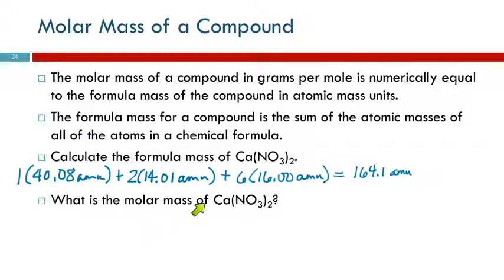What's the molar mass of calcium nitrate? What if we had a mole of calcium nitrate units? It's the same number, but change the unit to grams. Because you have 1 mole of calcium, 40.08 grams. Here, I'll write it out.